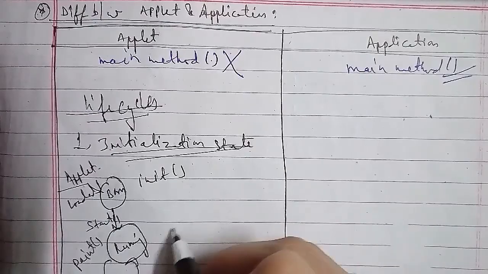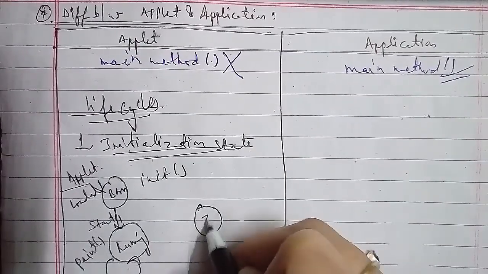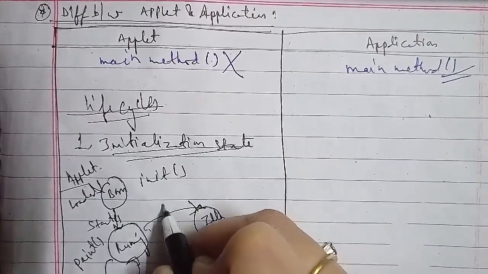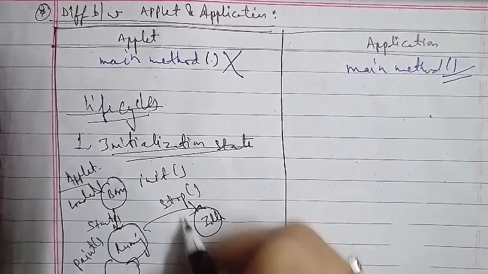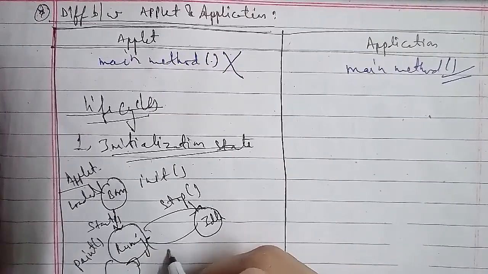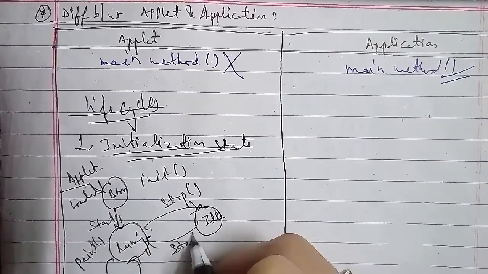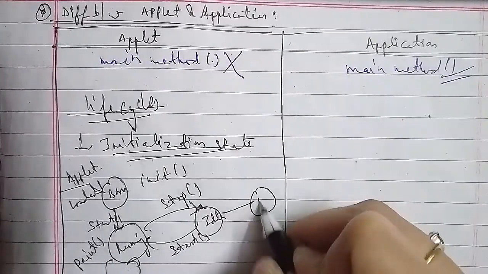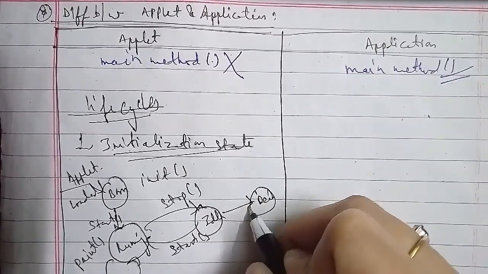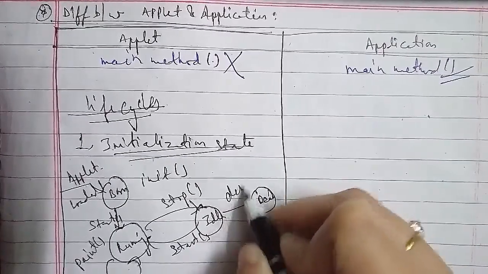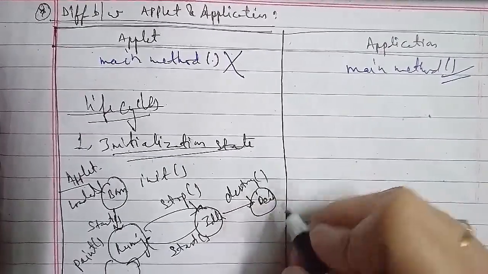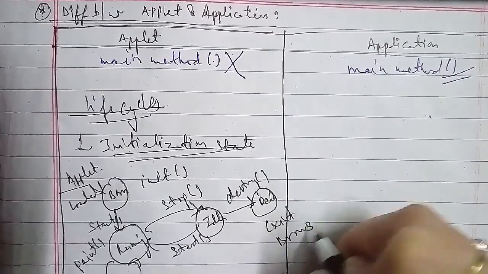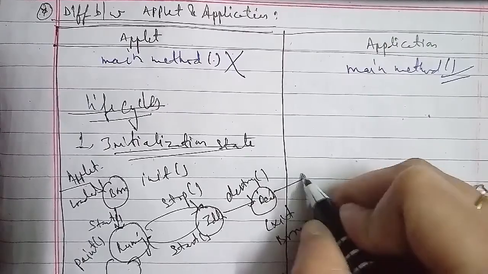When it goes from idle to running, it will start. After that, when idle, it will be dead. So here that is destroy. This is exit browser. After dead, it will end. And this is applet destroy. I think you have been clear about it.